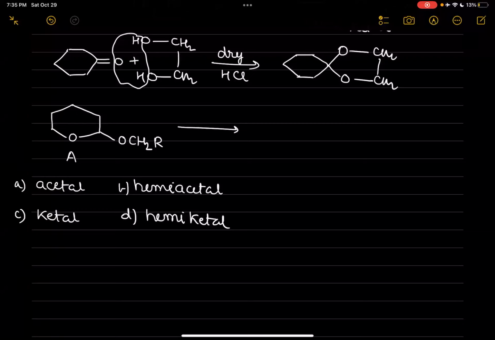Now the question comes to whether it is acetal or ketal. So you need to think whether this carbon was a ketone or an aldehyde prior to forming this.